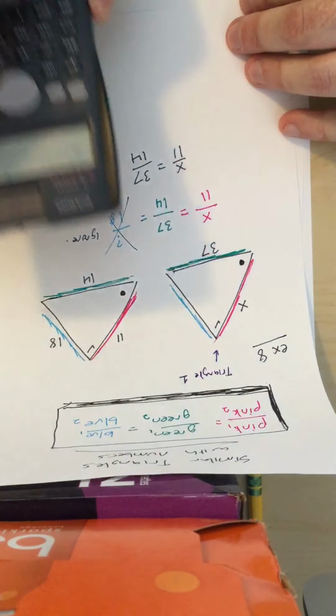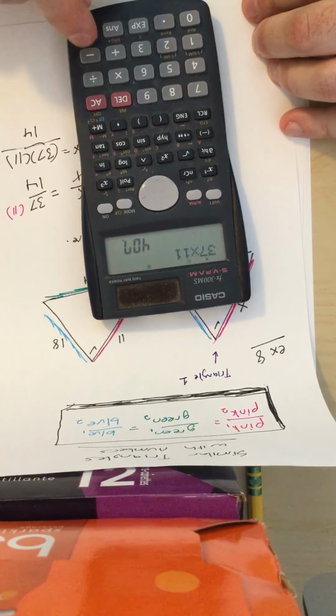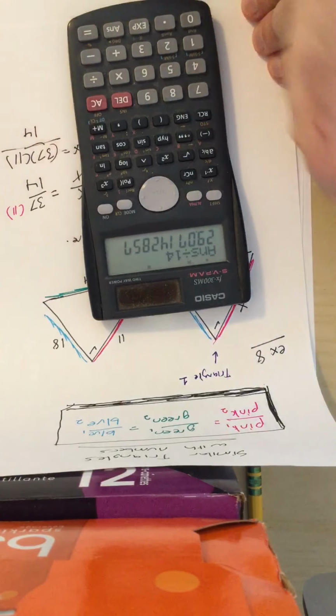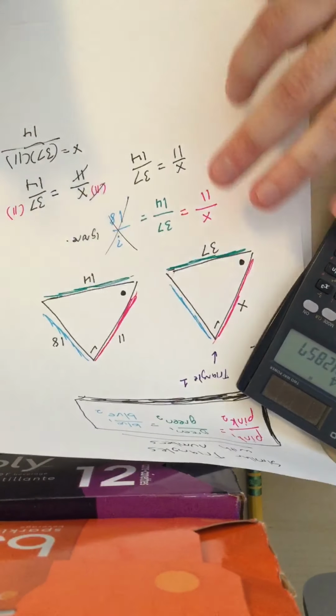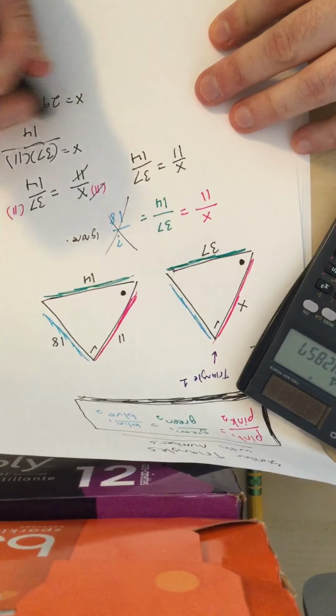And then we're going to pull out our handy dandy calculators, and it's going to be 37 times 11 divided by 14 equals 29.1 or so. So we get that X equals 29.1.